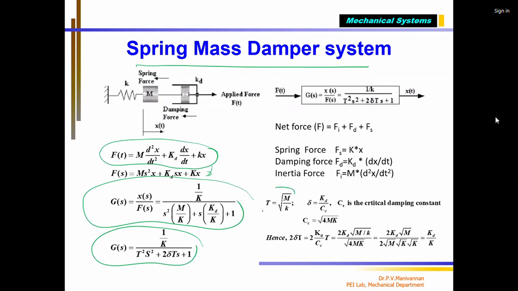Please note these derivations: you may be asked to draw the sketch of the spring mass damper system, derive the mathematical model in time domain, derive the Laplace, and if M, K and KD are given, calculate time constant, damping constant and CC. You may get some simple problem, so together you may get two or three marks questions in the exam.